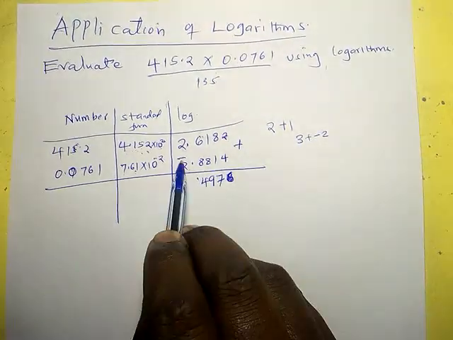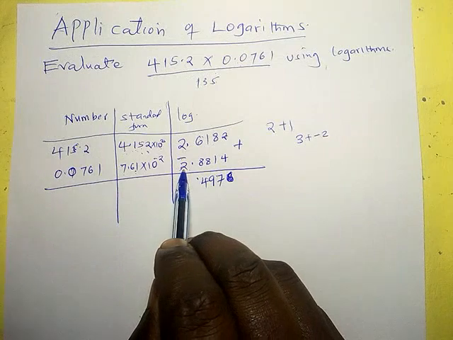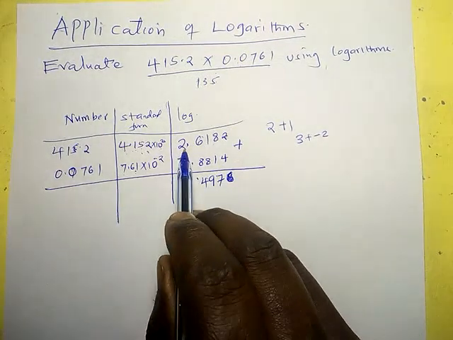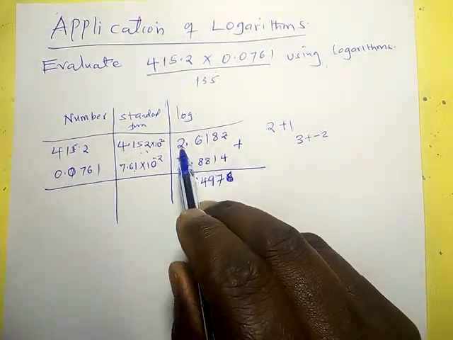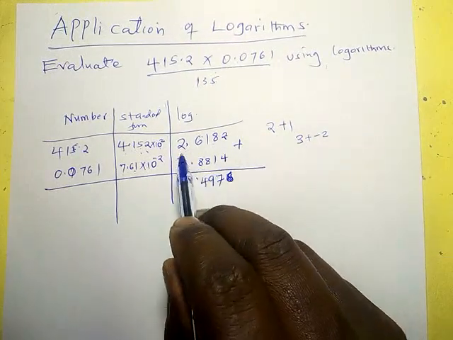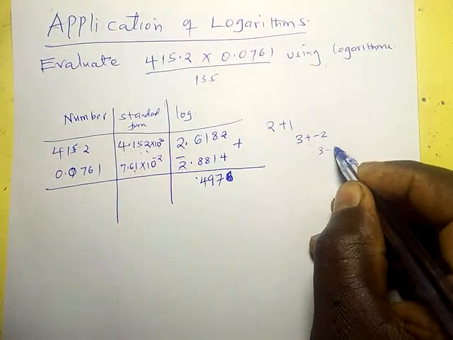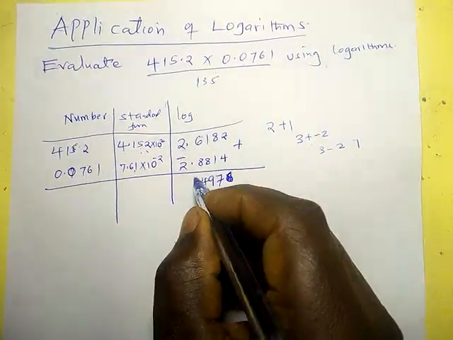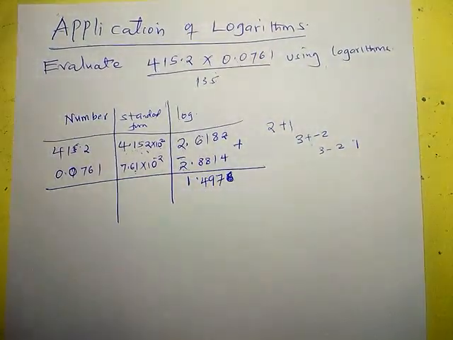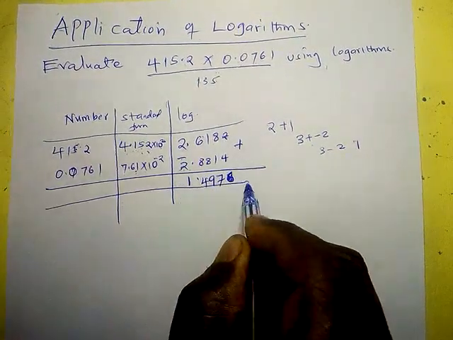Remember, power negative 2 is a negative number. So it is like 3 minus 2. The answer is 1. So here is 1. So you underline like that.